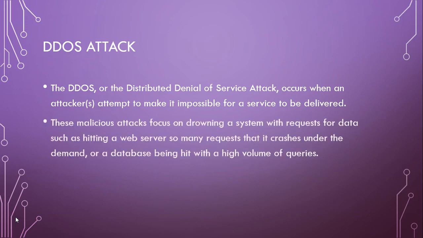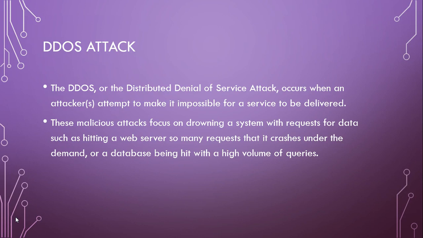Now, these malicious attacks focus on drowning a system with requests for data, such as hitting a web server with so many requests that it crashes on demand, or a database being hit with a high volume of queries. The thing to note about this is it looks like a perfectly legitimate thing that goes on. The computer has no way of knowing whether or not it's a valid or invalid request.